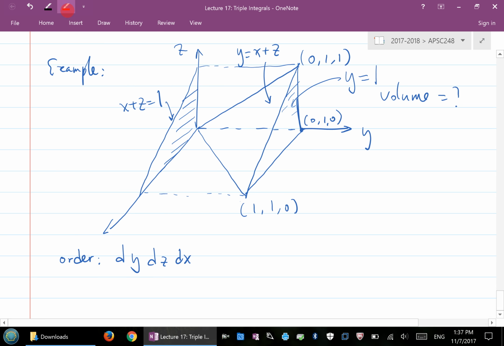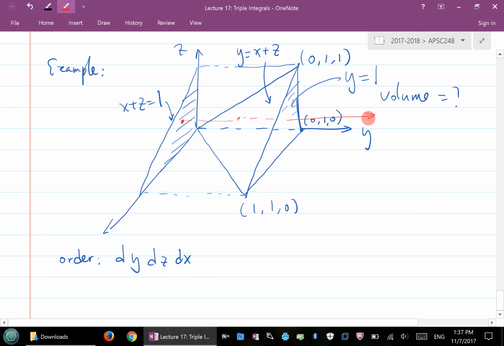Finding the limits basically means starting from any point within the shadow, you draw an arrow line in that axis direction, because we wanted to do y first, right? So instead of drawing in the z direction, this time we're going to draw in which direction now? In the y-axis direction.